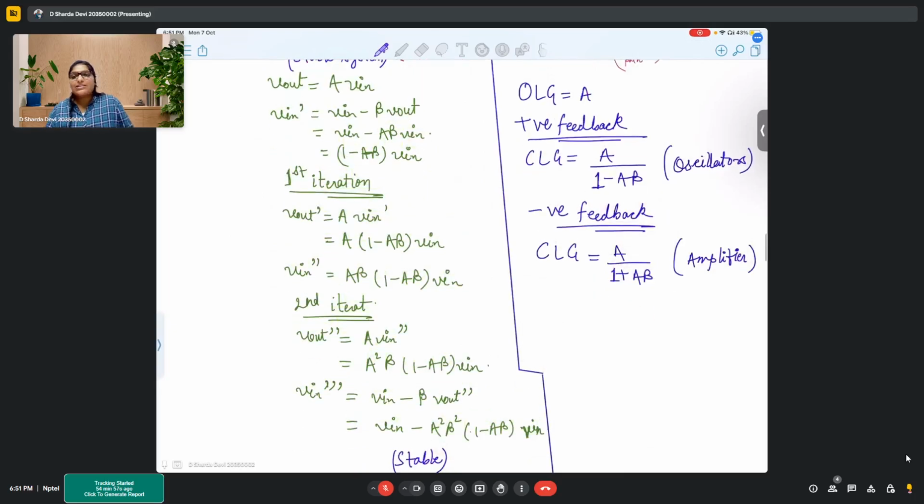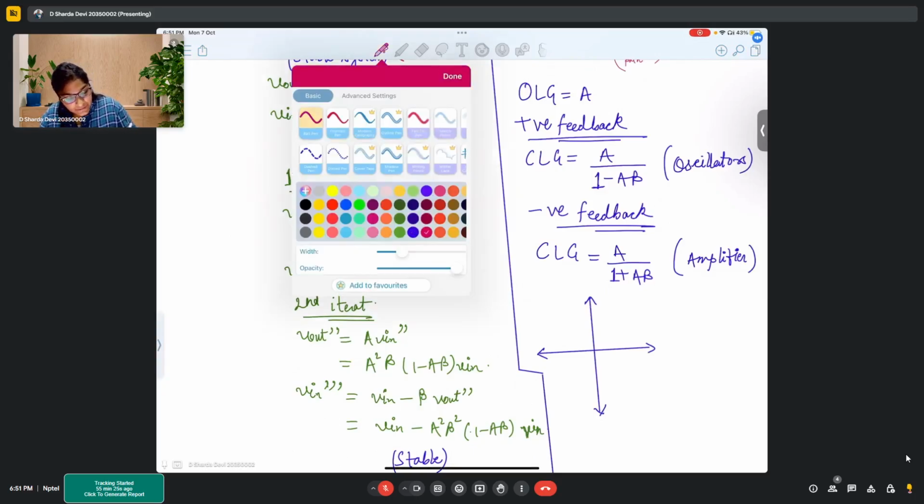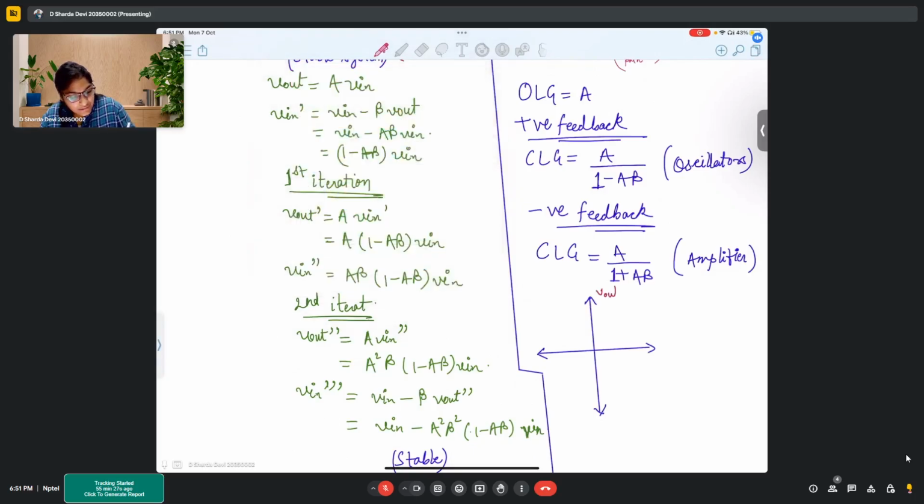So the question is, why do I need an amplifier? So it is like, if I talk about an op amp, what happens is in an op-amp when there is no feedback, it is an open loop system, then your output versus input characteristics that we have, we call it the characteristics, right?